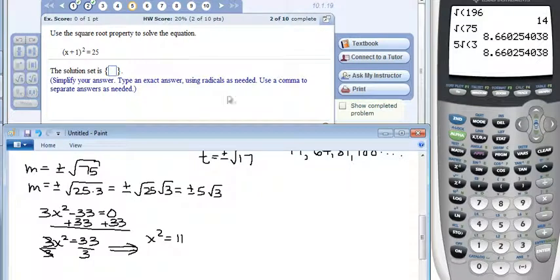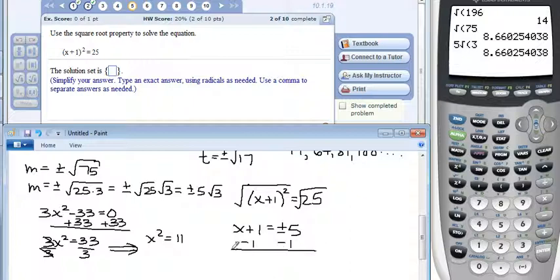Okay, so let's do this one. We have, okay, the square is isolated, so we can go ahead and square root right off the bat. The square root of a square is itself. Square root of 25 is either positive or negative 5, and then we would subtract the 1.